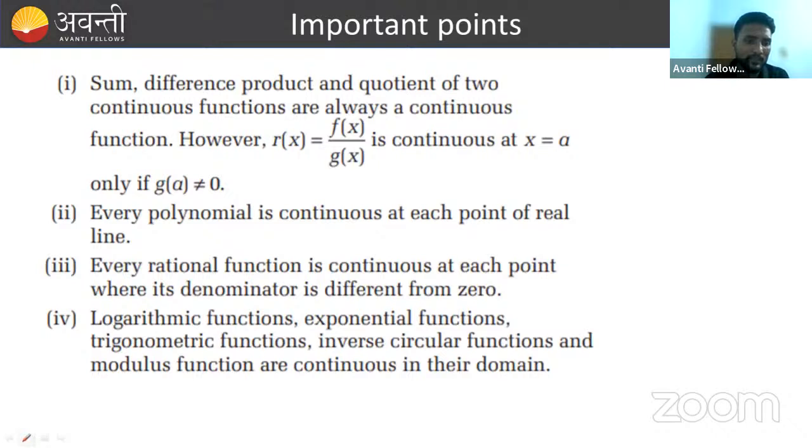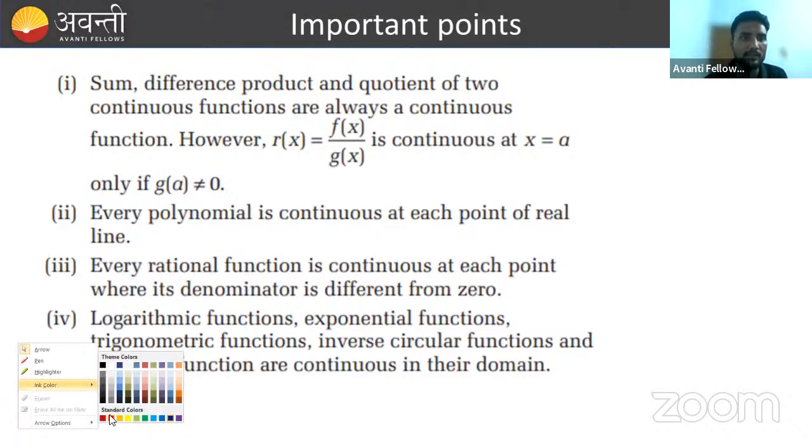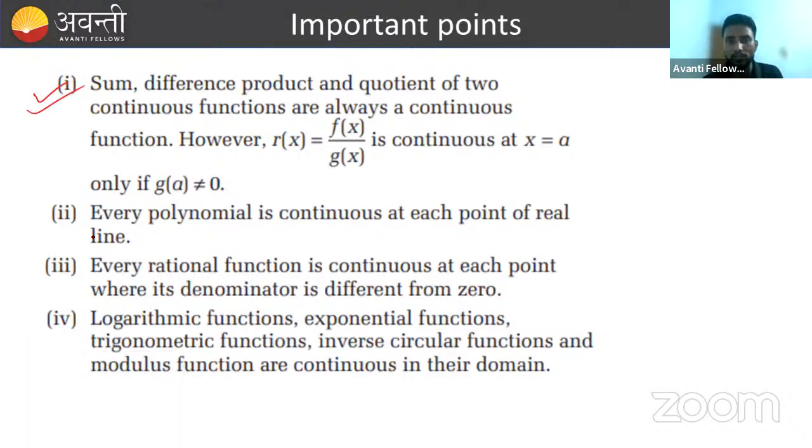Okay, so these are the things that I have already explained in the classes also. In today's class, simple things are that every polynomial is continuous, every rational function is continuous, but we should be careful that the denominator can't be 0. All logarithmic, exponential, trigonometric, inverse, and modulus functions are continuous only, right?